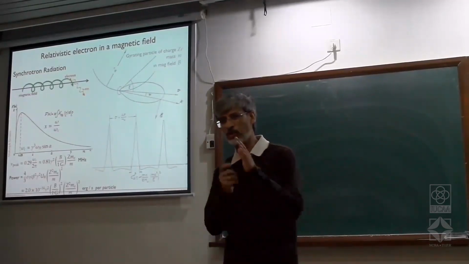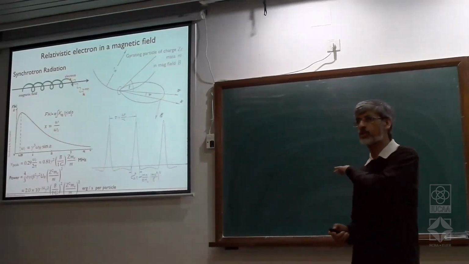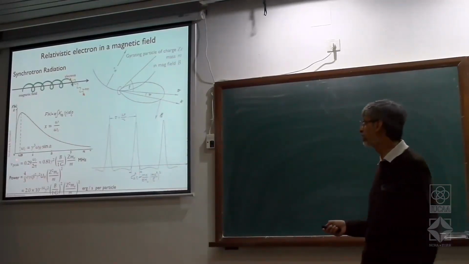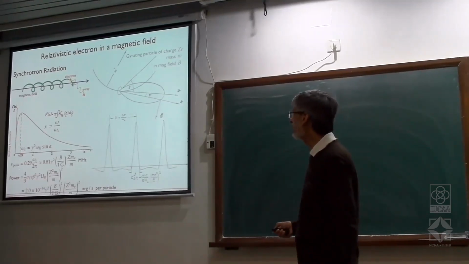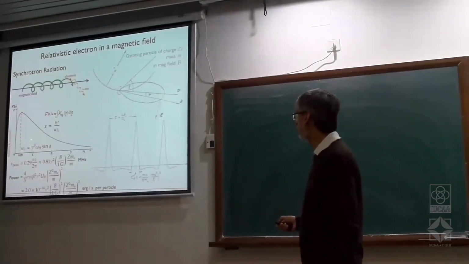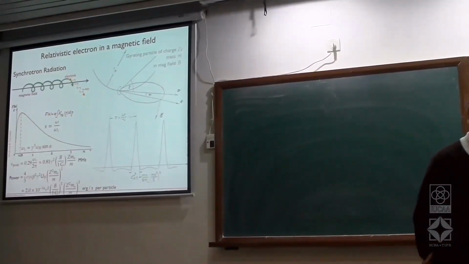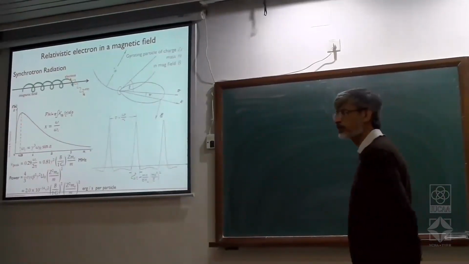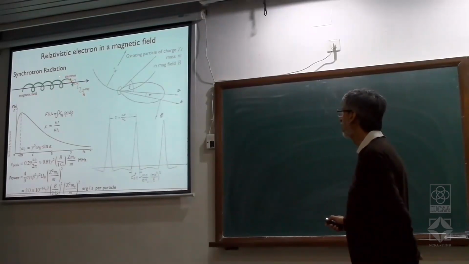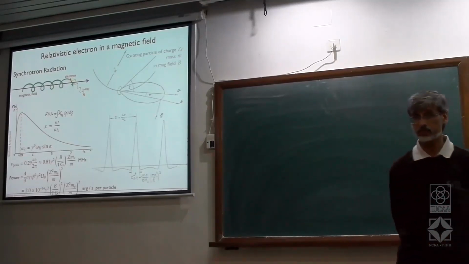And the overlap of those harmonics is what you saw; when you add them up, you get a continuum. And that continuum has a shape like this, where the peak comes at gamma cubed times the gyration frequency times sine of what is called the pitch angle. The pitch angle is the angle between the instantaneous velocity vector and the magnetic field.